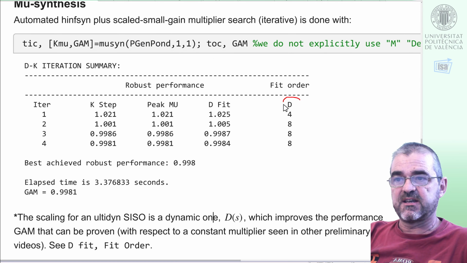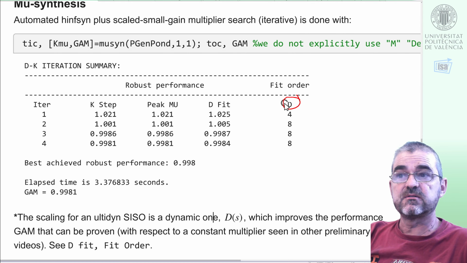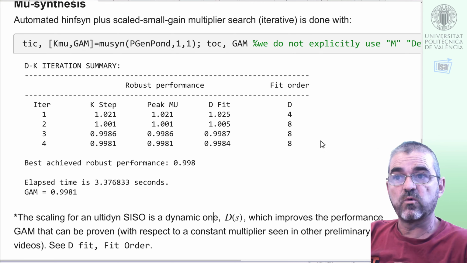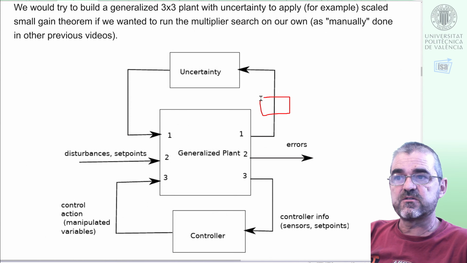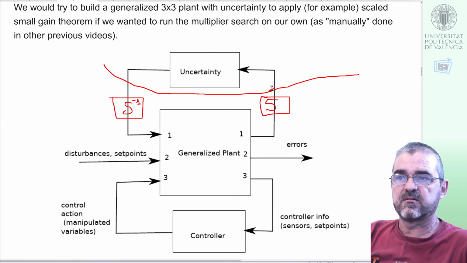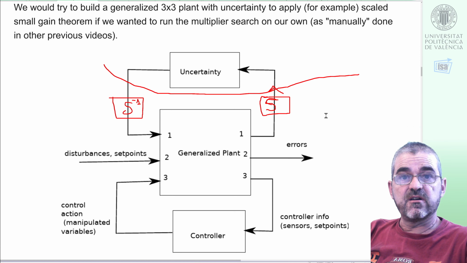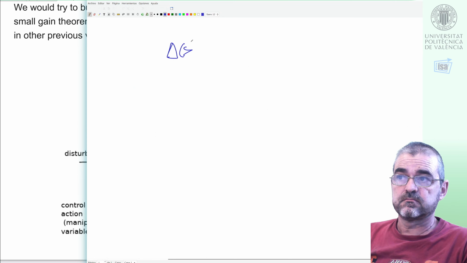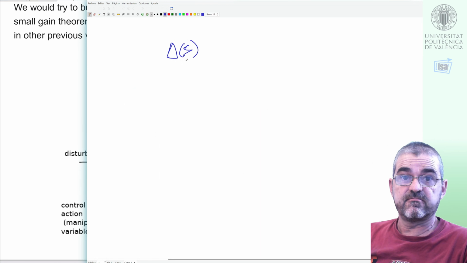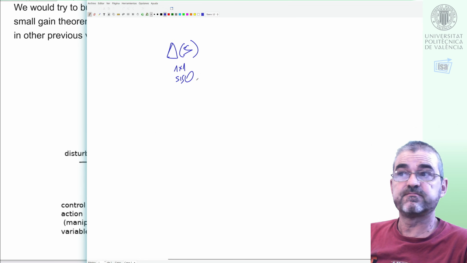The scaling here is called D, and importantly it's a dynamic one. Why? In previous videos we manually sought a constant weight S minus 1 here, but if the uncertainty is linear time invariant, then it has a transfer function, single input, single output.